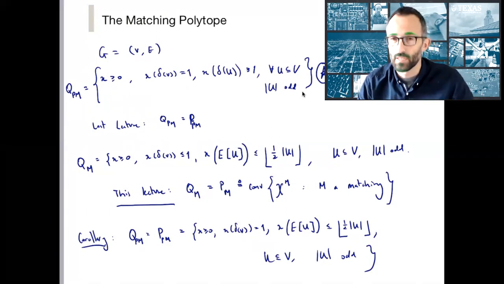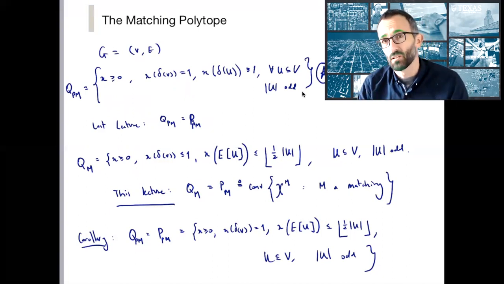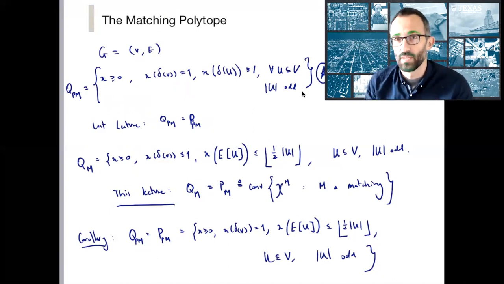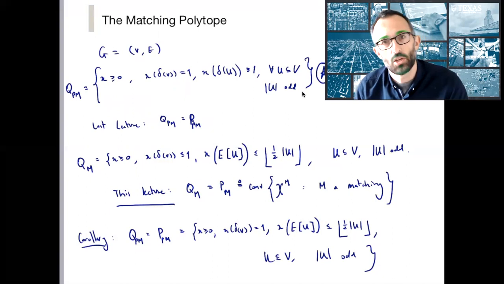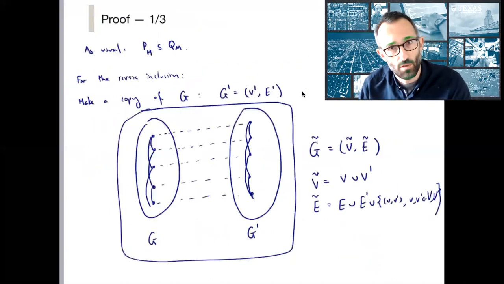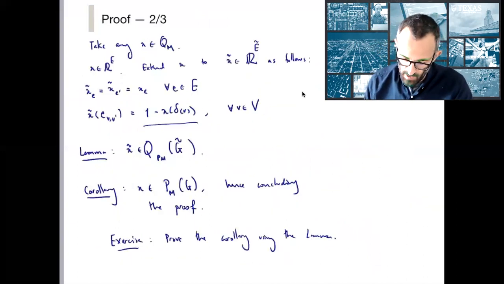But if I write delta tilde of v, I'm still looking at that same node v, but now I'm looking at all of the edges in the graph G tilde. In particular, there's only one additional edge that's incident to one node, and that's the edge that goes from v to v tilde. The same notation I'm going to use for a general set, so delta of u or delta tilde of u. Okay, so let's show those aspects of the claim.